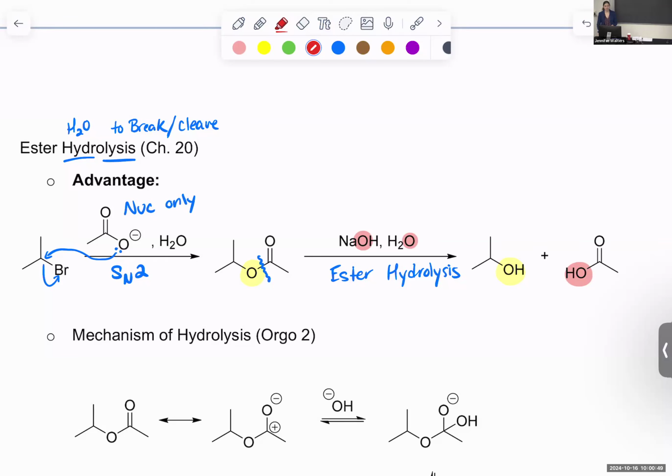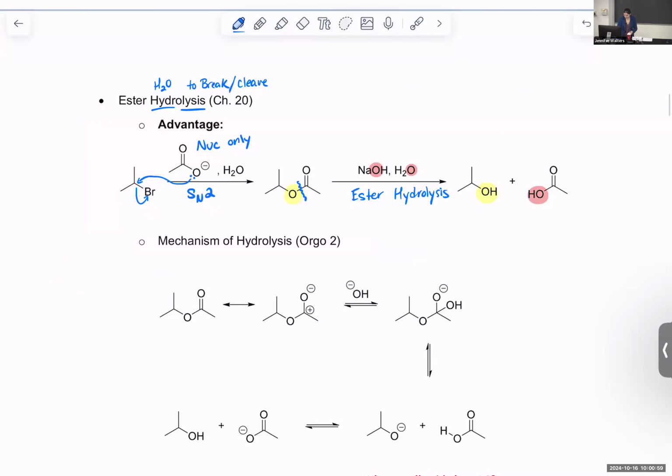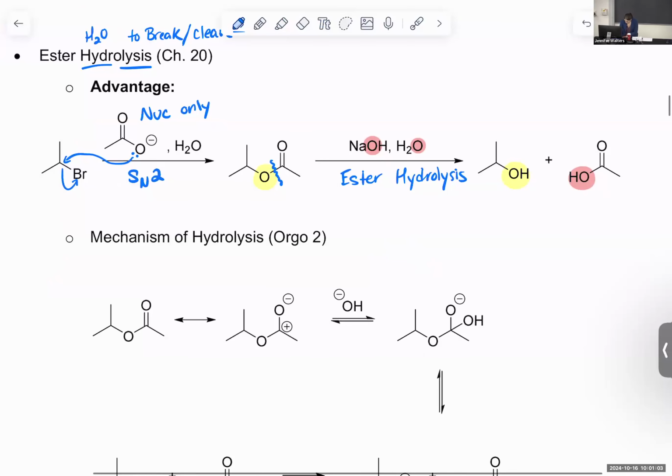It kind of depends on the concentration of your base, but it's going to be one of those. So if you're using isotopic labeling to do an O18 study, so if this was O18, O18, you get O18, O18, and you would see O18 incorporated into the alcohol. So you can use a radio label to track it to know where it ends up.